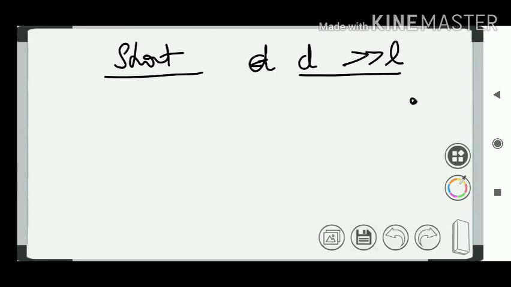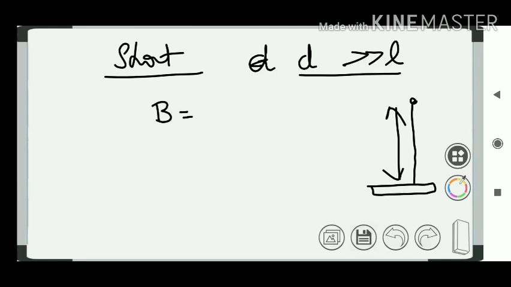That is, the point is at a higher distance compared to the magnet. So what would I remove? I will remove the L factor from the previous equation, so that the last equation will be B is equal to mu 0 by 4 pi pole strength divided by R cube. Not R cube, it was d cube.